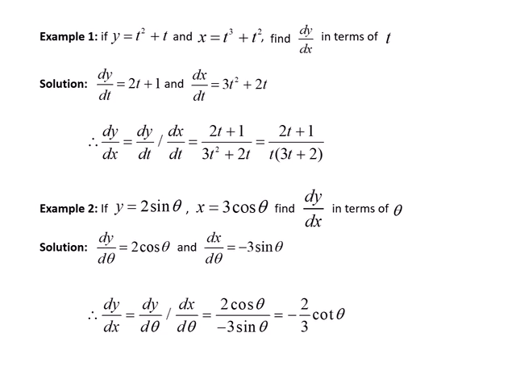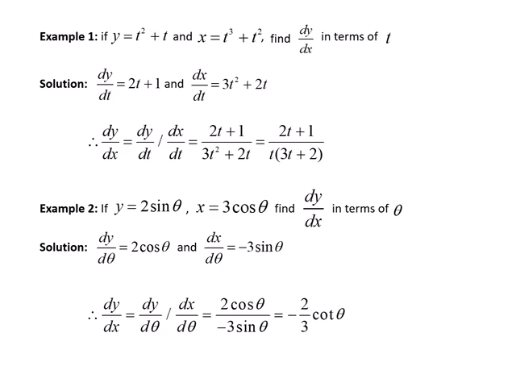And what comes to the denominator is t, that's why we're having t outside there. The answer is 2t plus 1 all over t into 3t plus 2. So that is the answer. We have gotten that solution under the differentiation of a parametric function.